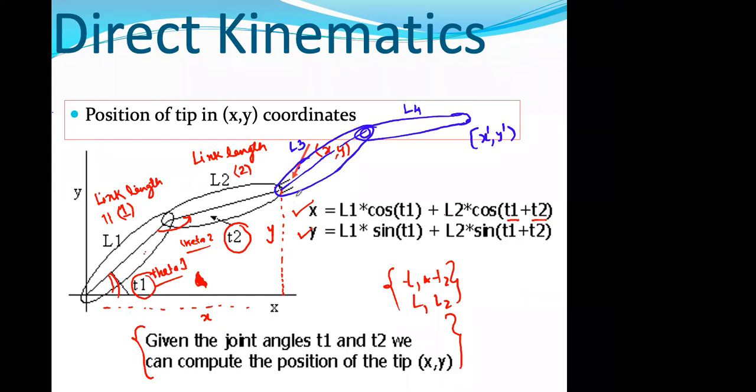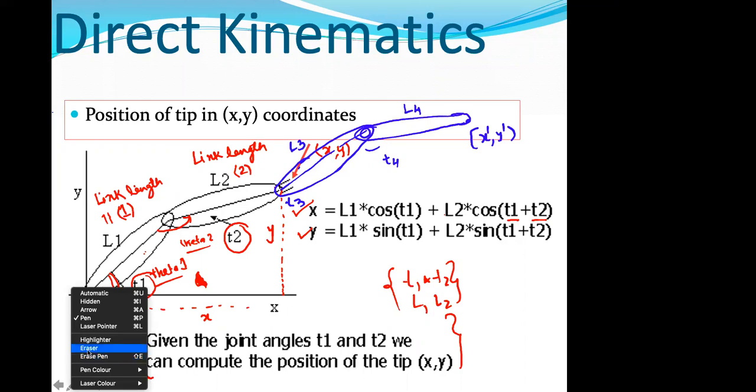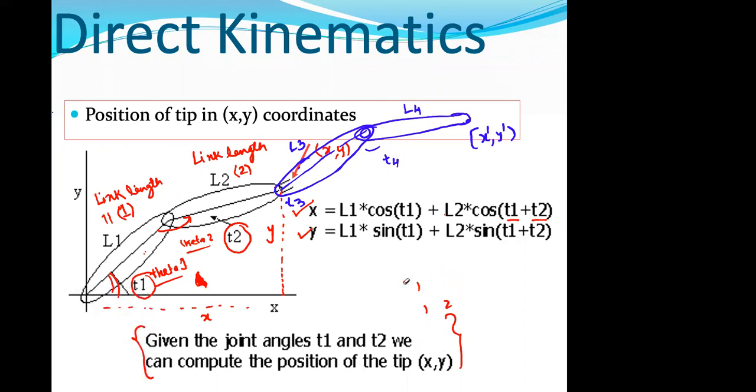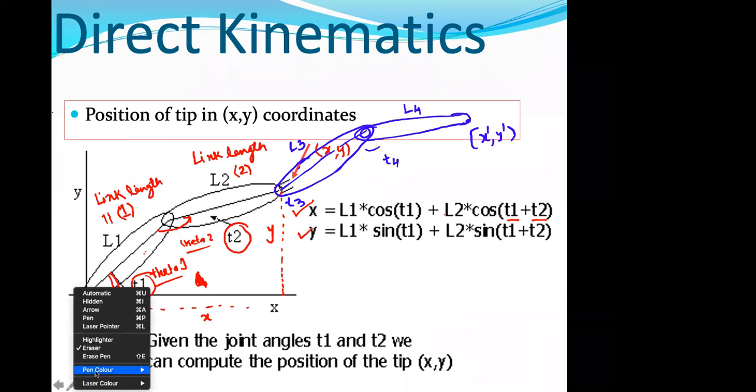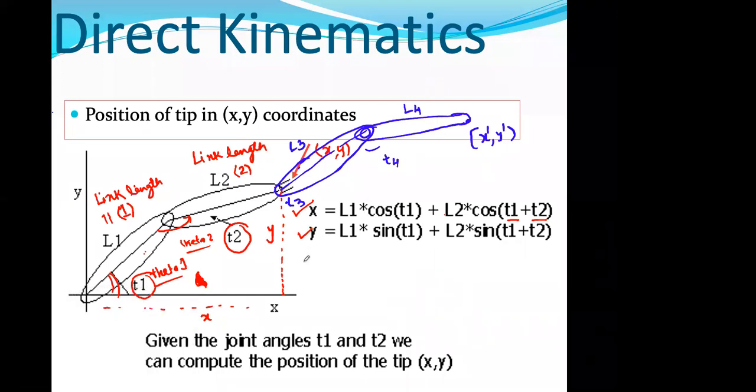When L1 and L2 are known, and this angle will again be theta 3 and this angle theta 4, we can easily know all these things. We can know the positions in that way, and we will have the new position x dash.